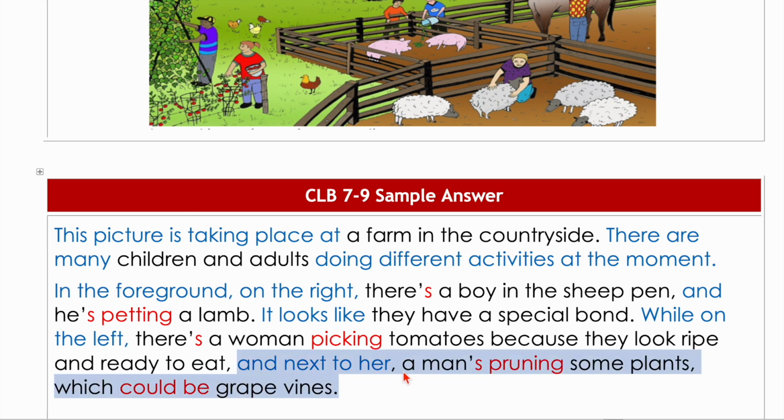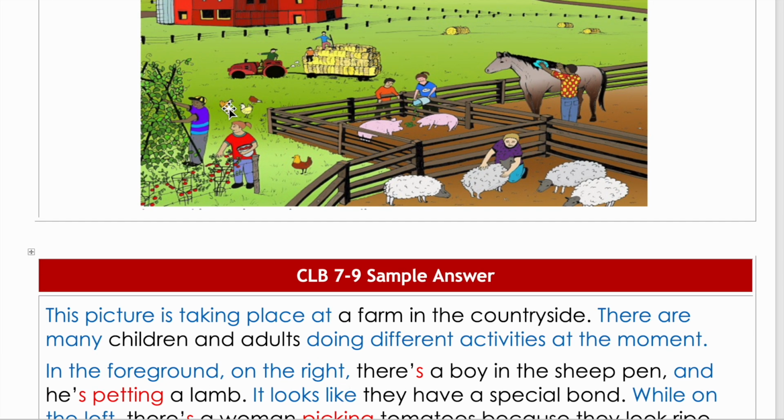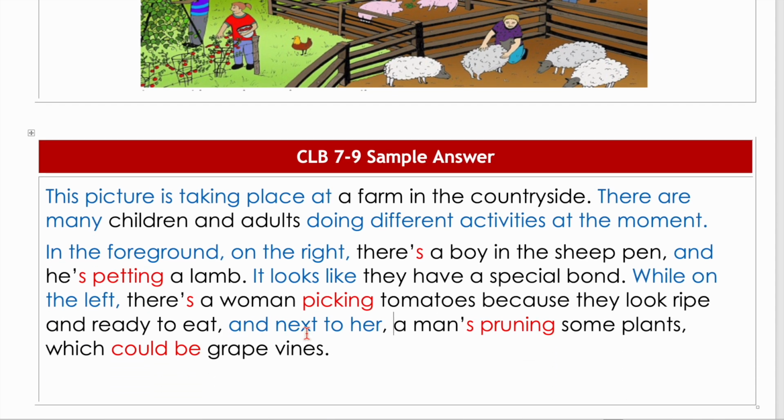And next to her, a man's pruning some plants, which could be grapevines. Wasn't clear what these plants are. Some students said grapevines. Okay, so that seems like a good suggestion. So there we go.